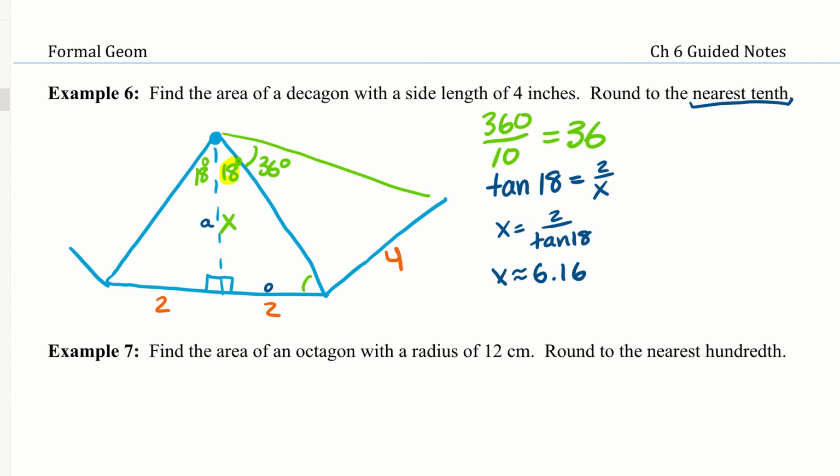Okay, and then my area is going to be 1/2 times my base, or the length of my side, which is 4, times my height, which is my apothem, which is 6.16, times my number of sides, which is 10. So that's going to give me approximately 123.2 inches squared.